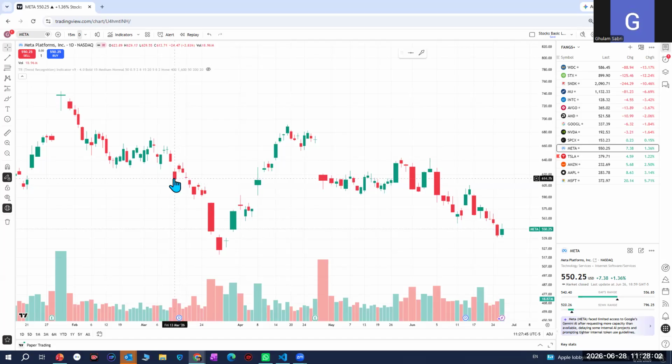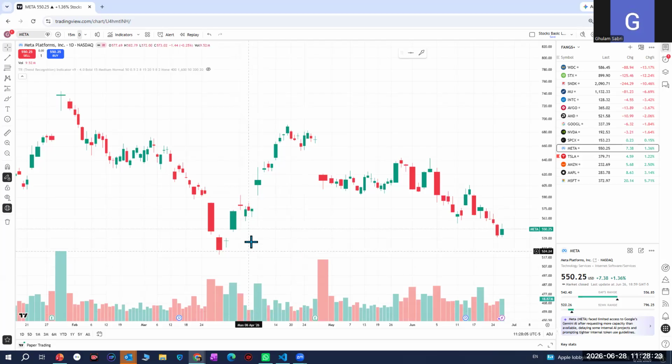That's why the thickness of these bars is smaller compared to the thickness of this bar. Similarly, here we have a higher green volume, a thick bar, with higher volume compared to these two bars. It means the lower volume.